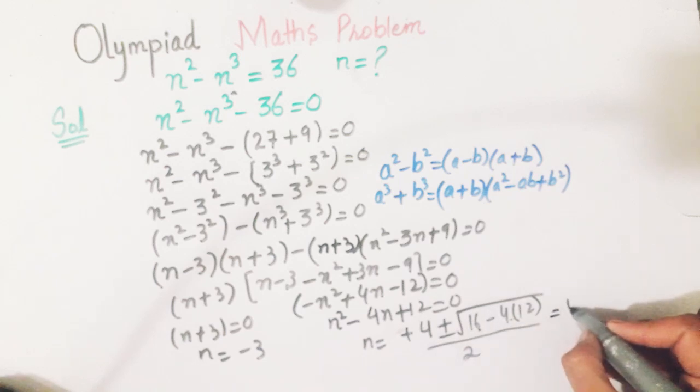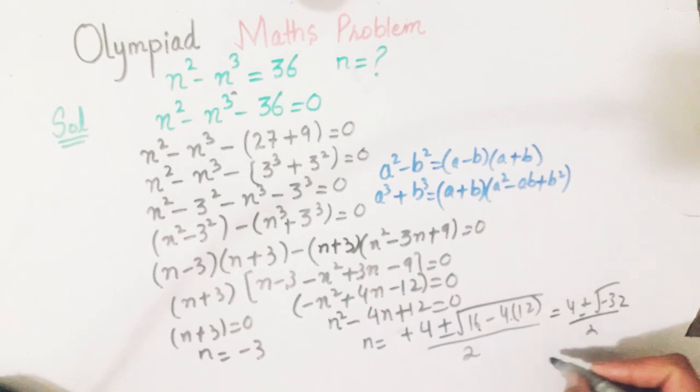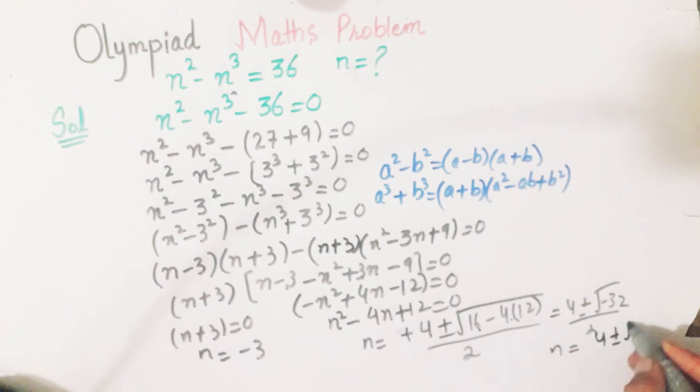So this is 4 plus minus root minus 32 divided by 2. That means n equals 4 plus minus root 32 iota divided by 2. So this will be complex. So we will consider only the real root of this.